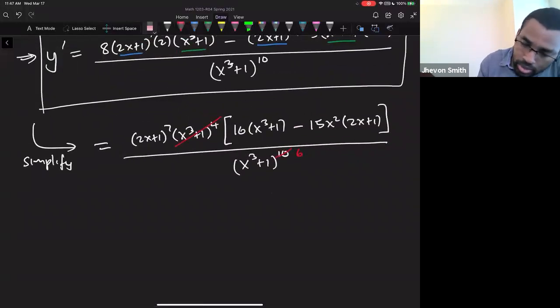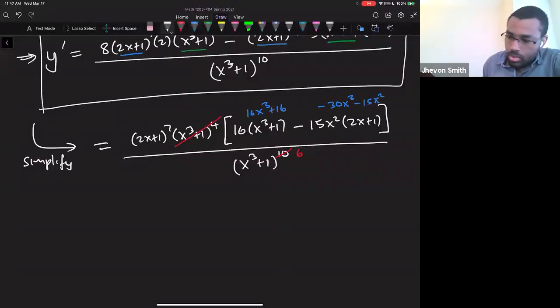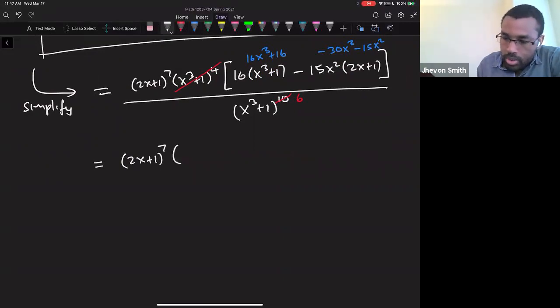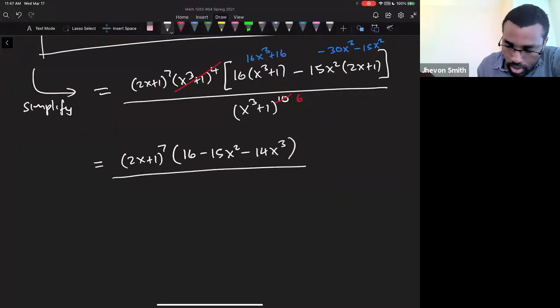And up here I have 16x cubed plus 16. Over here I have minus 30x cubed minus 15x squared. So now I have the 2x plus 1 to the 7th, and I have 16 minus 15x squared minus 14x cubed all over x cubed plus 1 to the 6th.